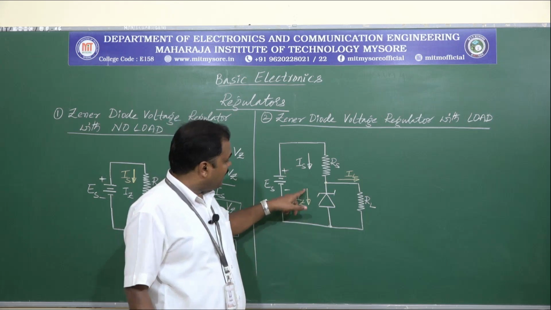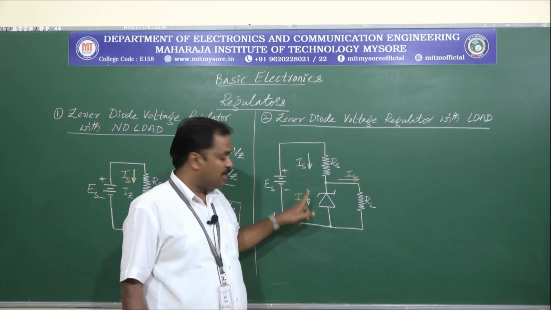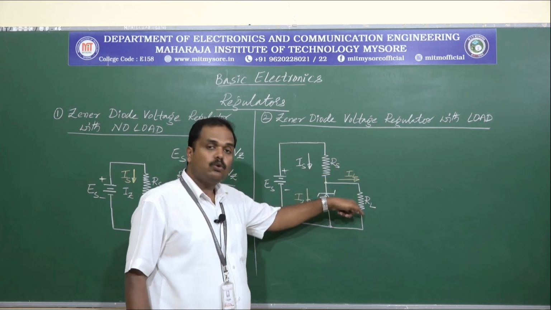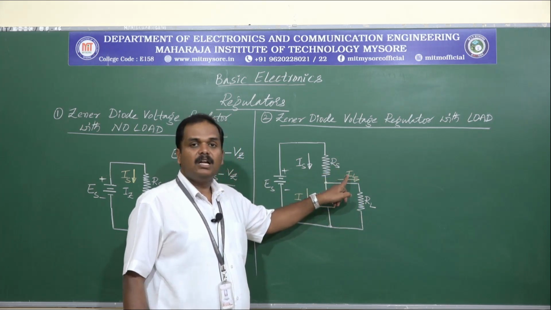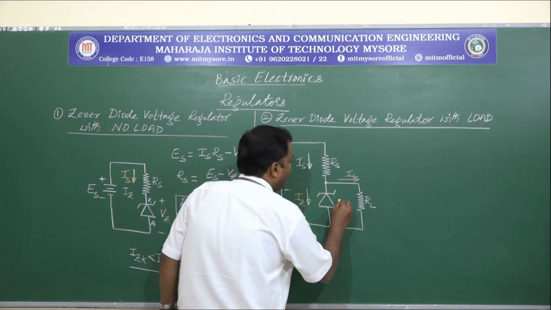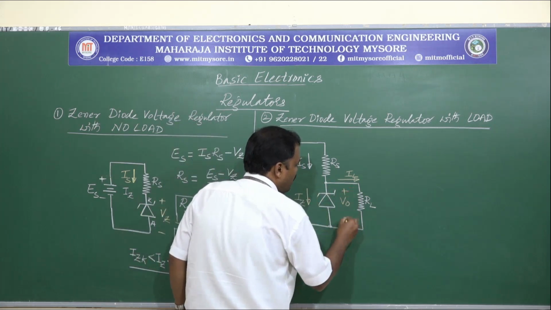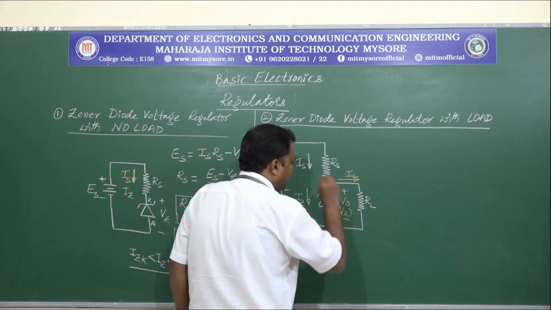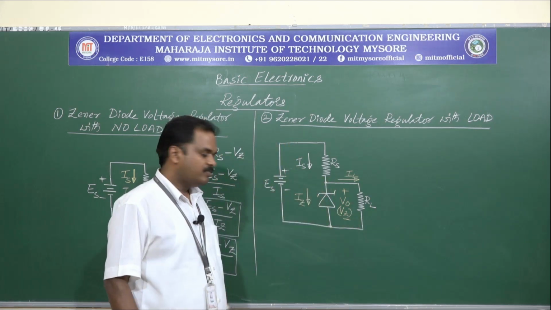So the current that is flowing through Zener shall be called Zener current IZ. The current that is flowing through load resistance shall be called load current IL. Right? And here we have the output voltage V0, or this can also be called VZ.